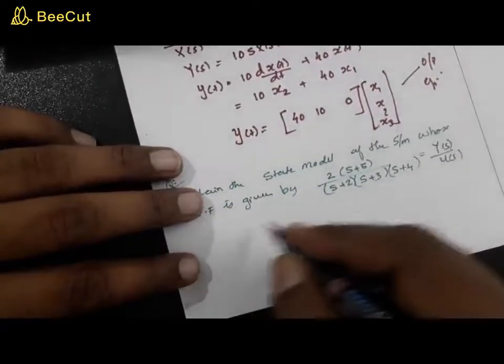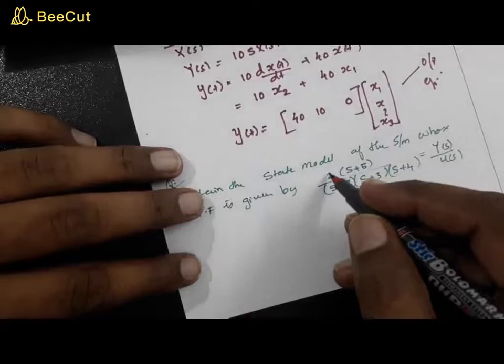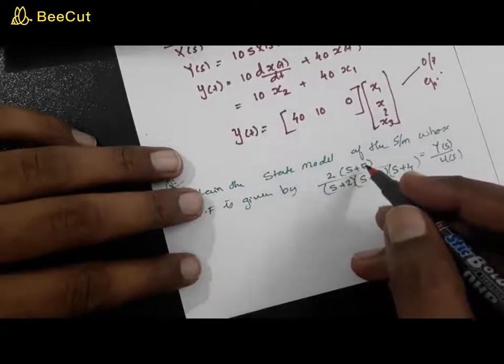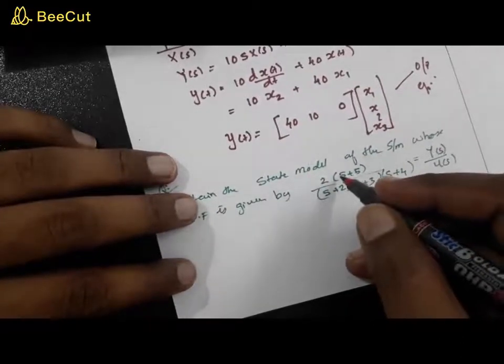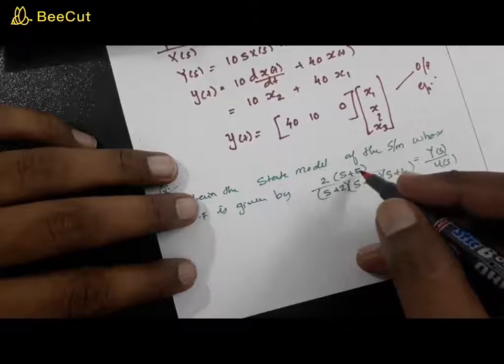For that, you should not consider this as the coefficient. You need to multiply, then only it will become of the form c1 s plus c2.